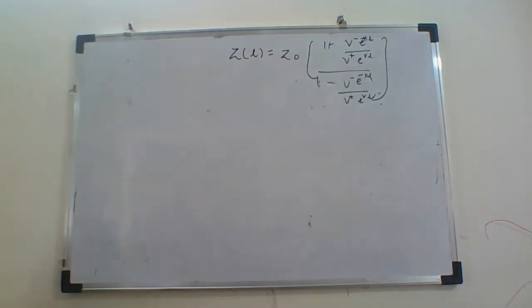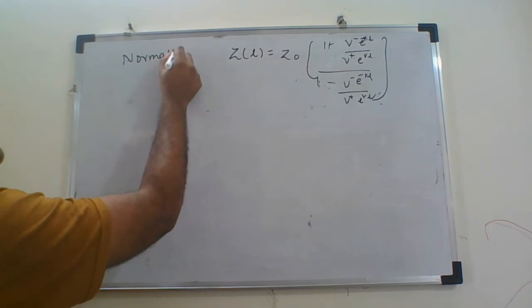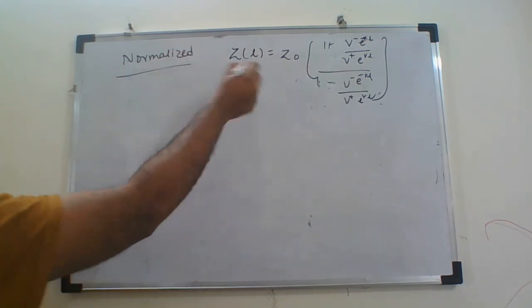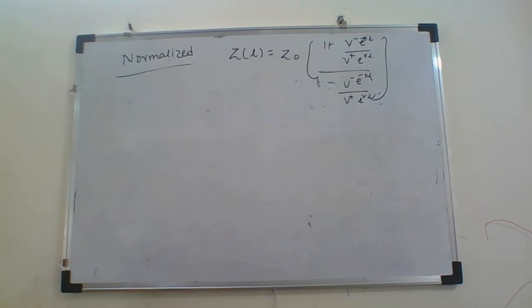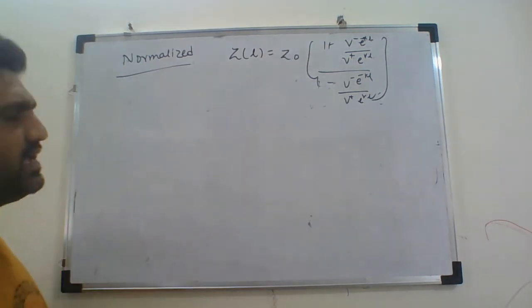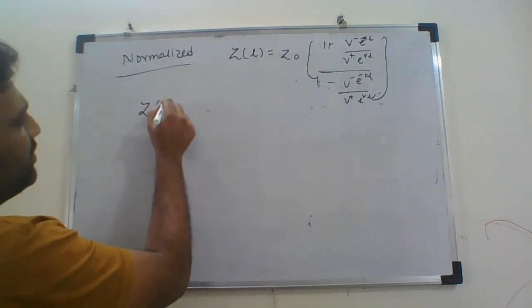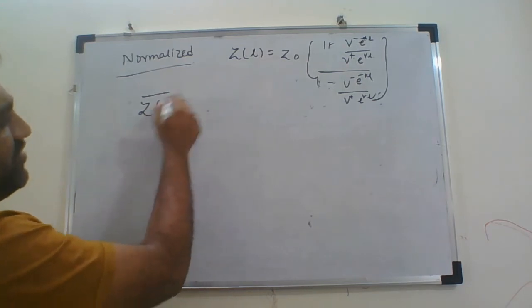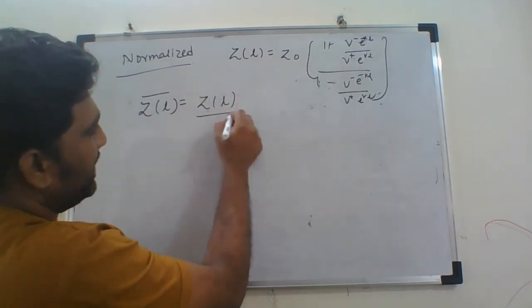Now what is meant by normalized impedance? Normalized impedance means the impedance normalized with respect to the characteristic impedance. Impedance at any point, normalized with respect to characteristic impedance, is called the normalized impedance. So the normalized impedance, Z of l bar, or Zn, is equal to Z of l divided by Z naught.